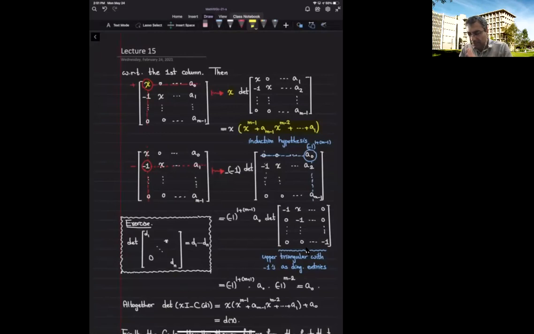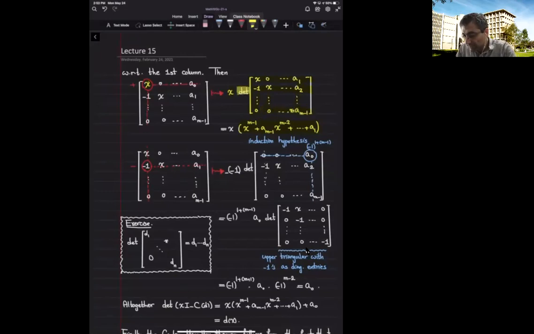Now, what does the determinant of the rest look like? It looks like a matrix of the same form. So x is on the diagonal except the last one, where I get x plus a sub m minus 1, then negative ones just below the diagonal, and the last column is going to be a sub 1 and so on, and the last one would be x plus a sub m minus 1.